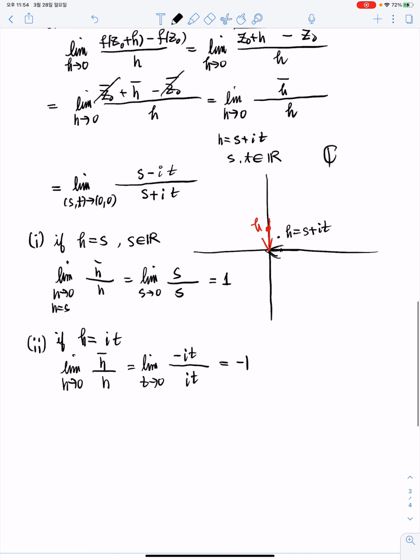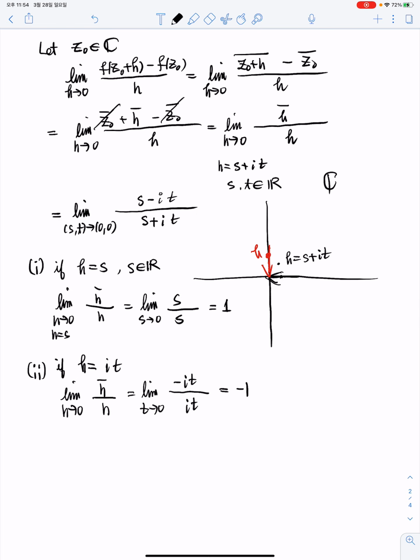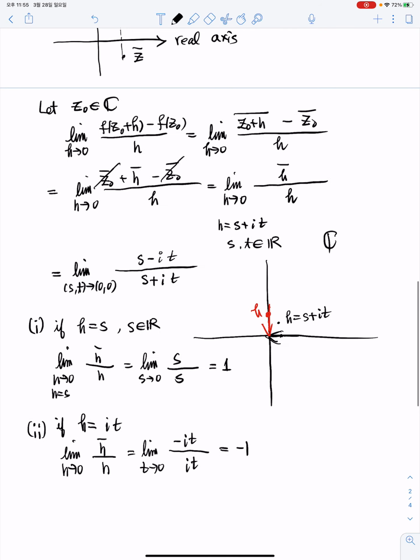That implies this f is not differentiable, so the limit does not exist.